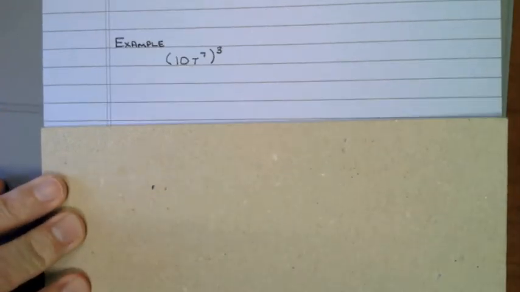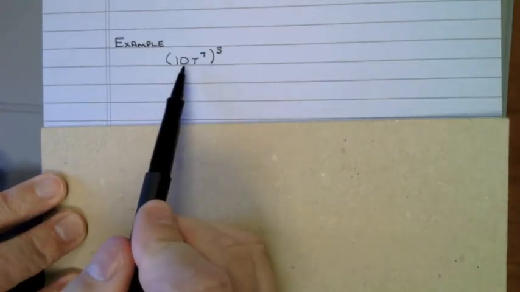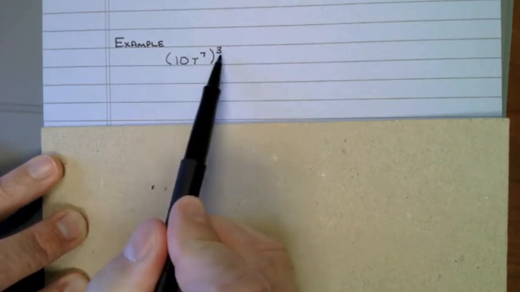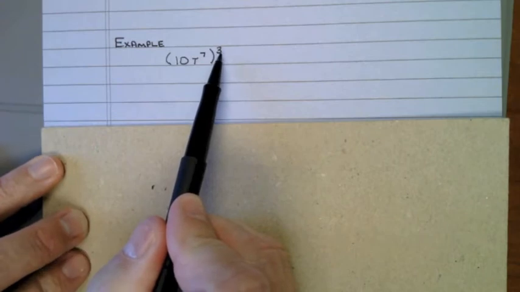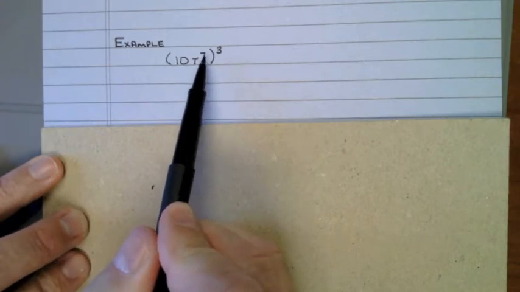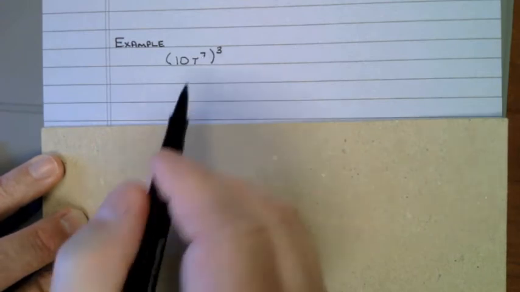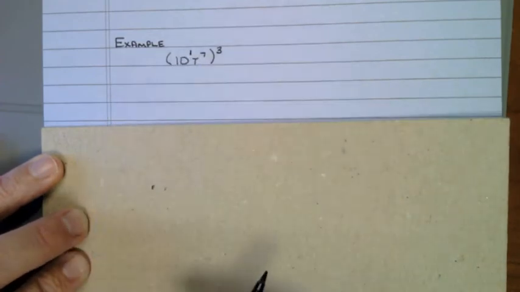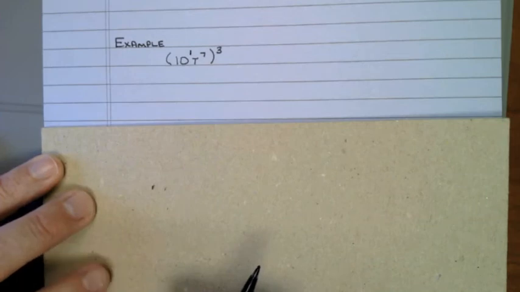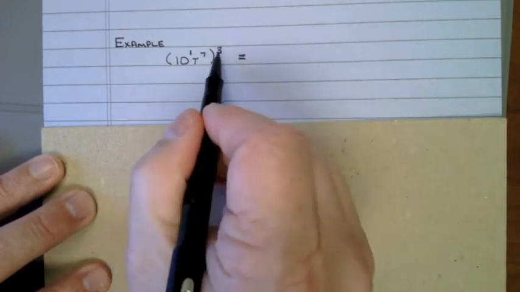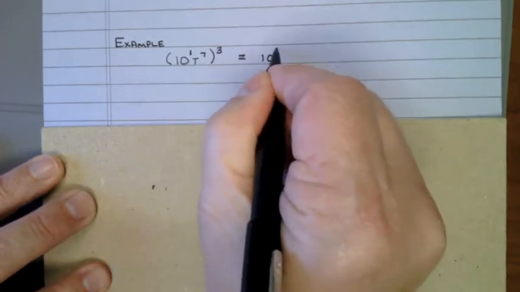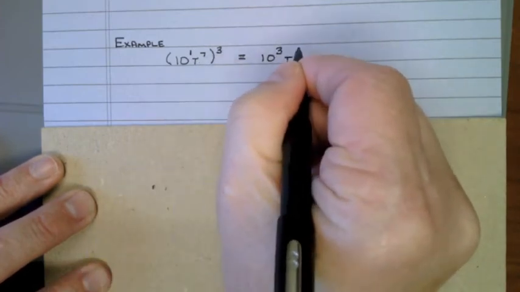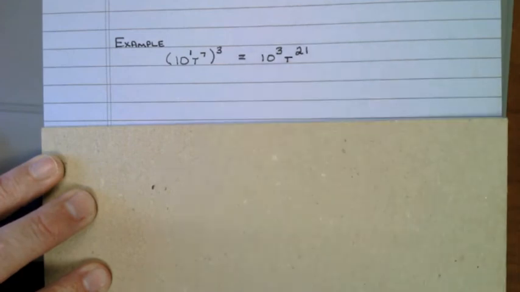Let's try this rule again. This rule tells us this. If I have a monomial inside parentheses and there's an exponent on the outside of the parentheses, I can take that exponent on the outside and multiply it to exponents on the inside. Each part has an exponent. That 10 also has an exponent, and it has an exponent of 1. 3 times 1 is 10 to the third power. 3 times 7 is t to the 21st power.